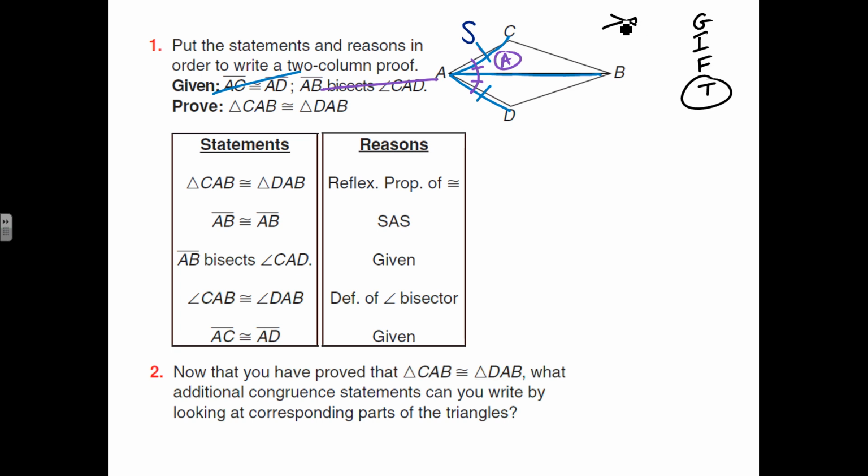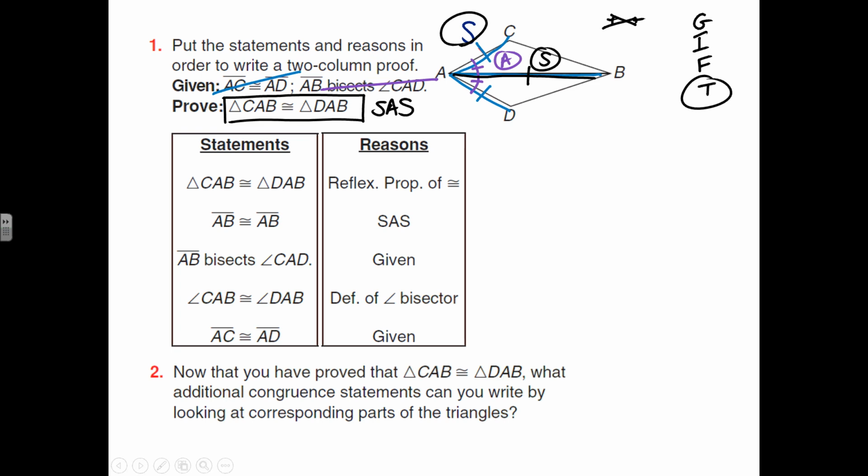Sources of freebies are vertical angles and reflexive sides, and right down the middle here, we have a reflexive side. So you can see right now that your punchline for these two triangles to be congruent is side, angle, side.